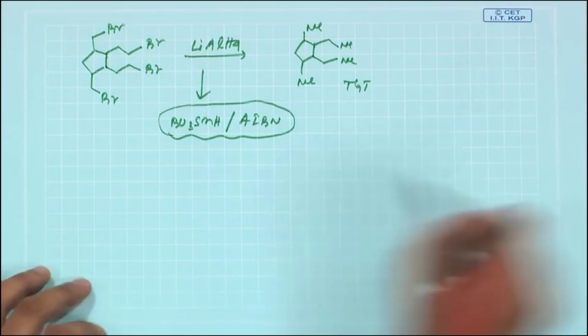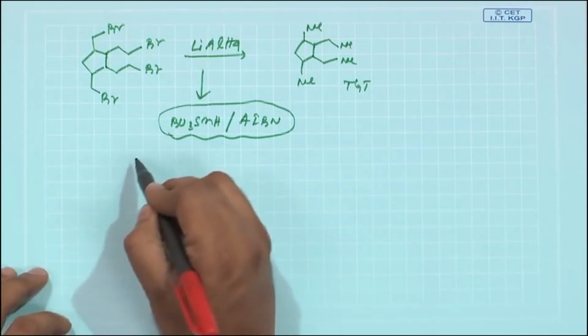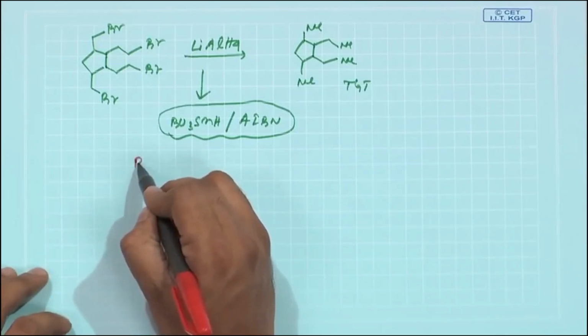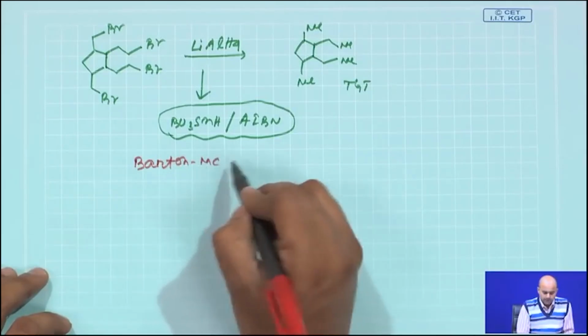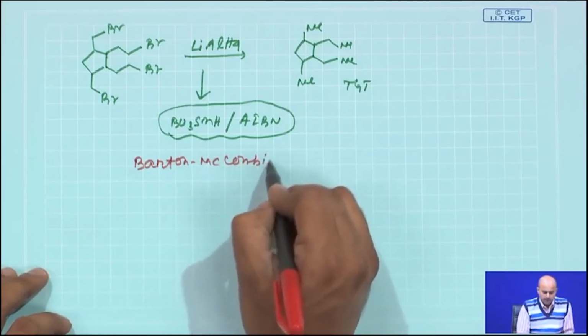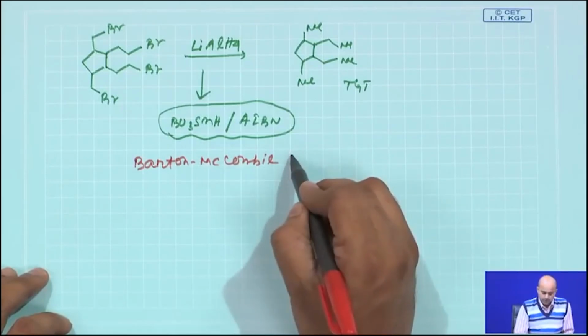Now, next based on the redundant functionality, we will be explaining a name reaction which is now very popular. The name reaction is named the Barton-McCombie deoxygenation or Barton-McCombie reaction.